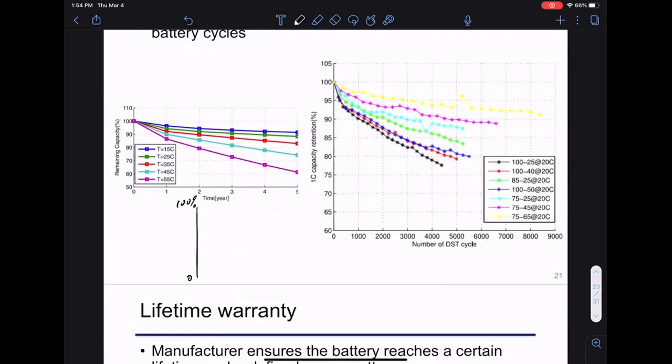That's normally not very good for the health of the battery. So normally you want the battery to operate in some region, let's say between 40 to 80%. So this is another consideration we have.